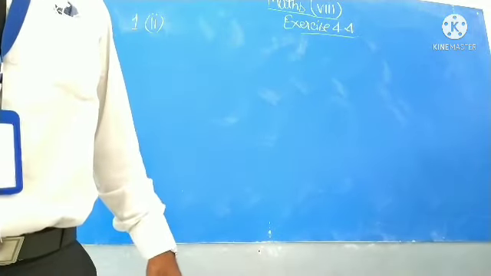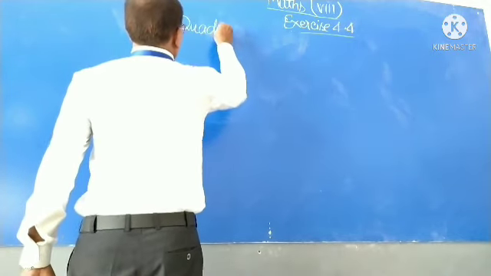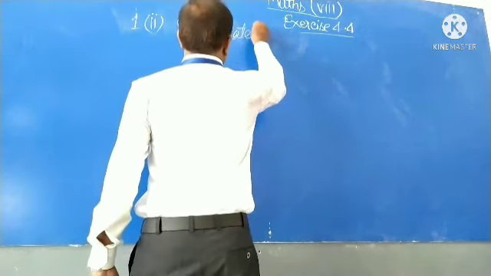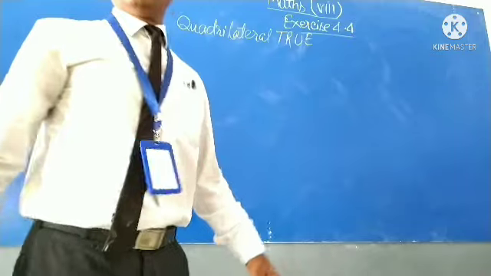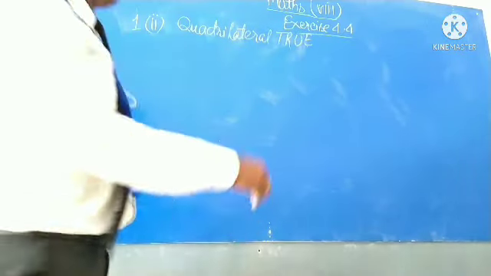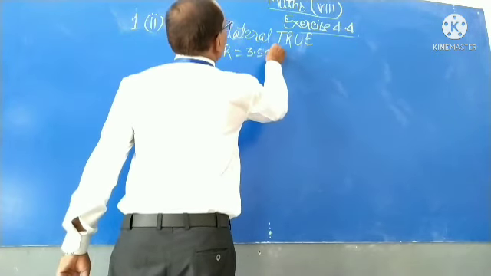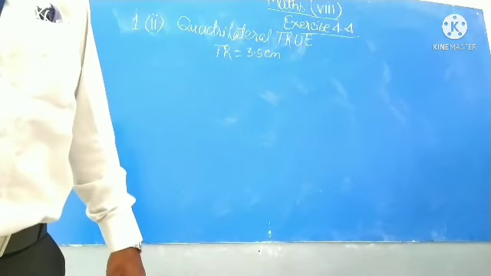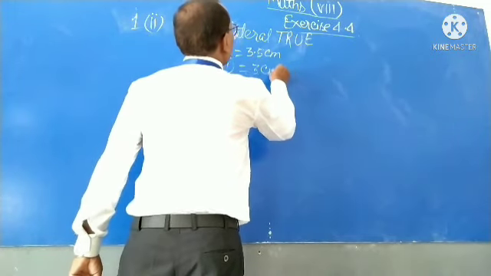Question number 1, second part. Construct quadrilateral TRUE. Measurements are given here. TR is equal to 3.5 centimeter. RU is equal to 3 centimeter.